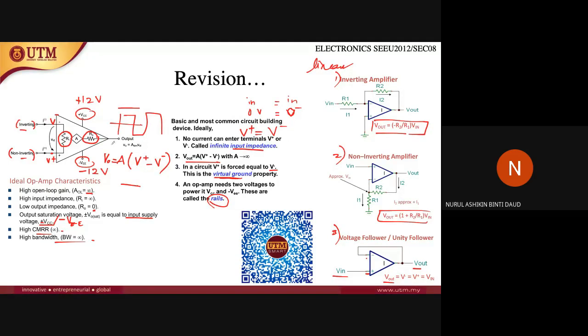It will not cause zero output voltage at all; there is an output voltage that will come out. The output voltage depends on the gain times V plus minus V minus.